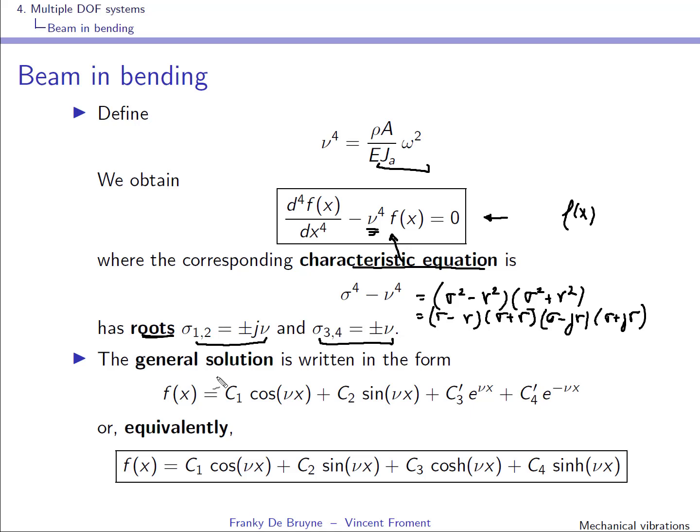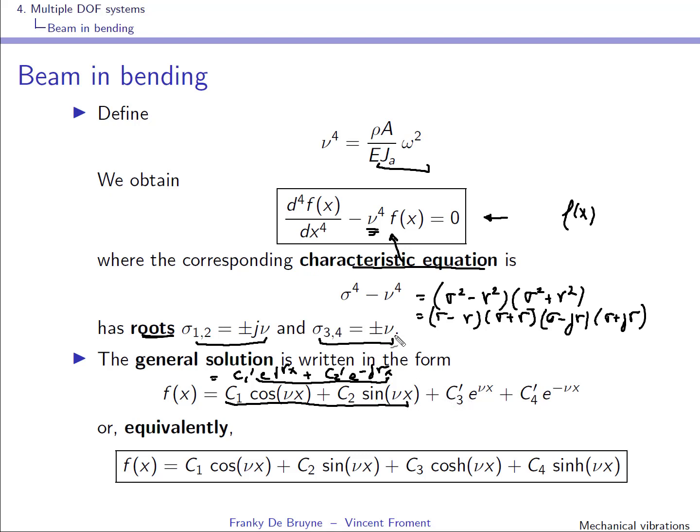You could write it as c1 prime e to the j nu x plus c2 prime e to the minus j nu x. This you can rewrite as c1 cos plus c2 sine.